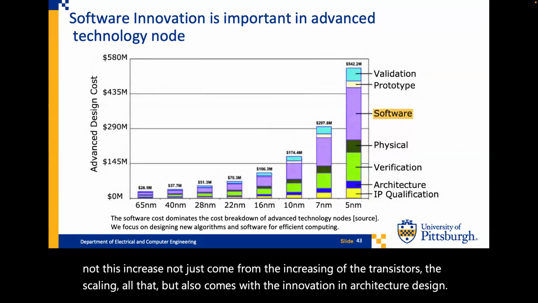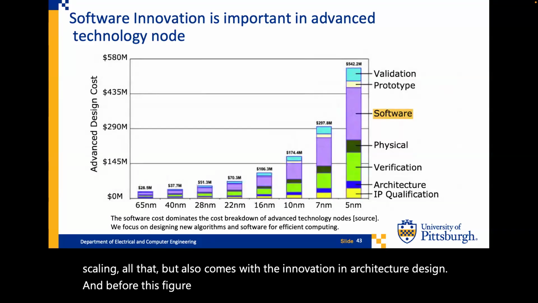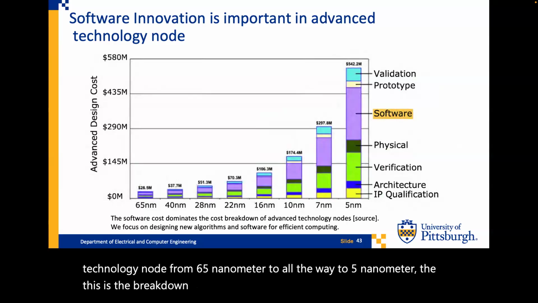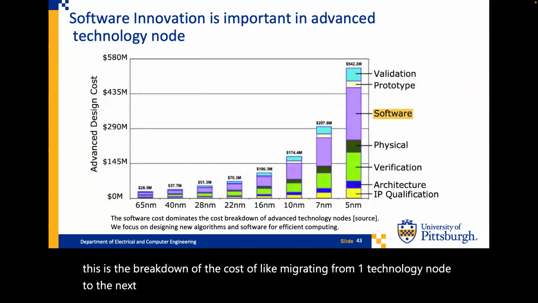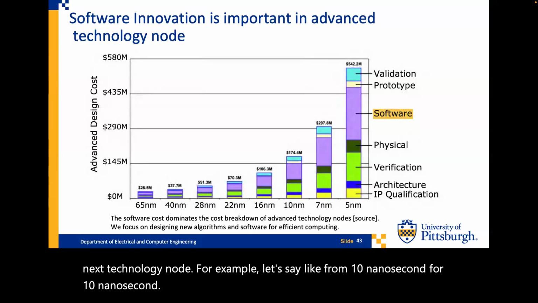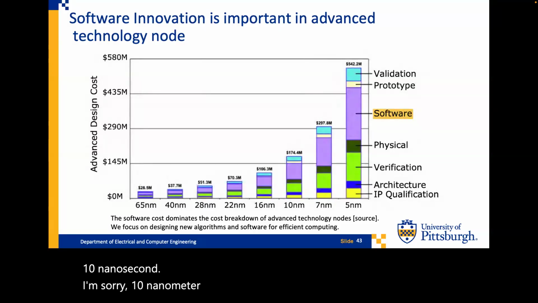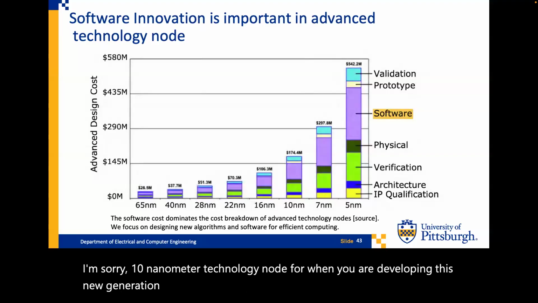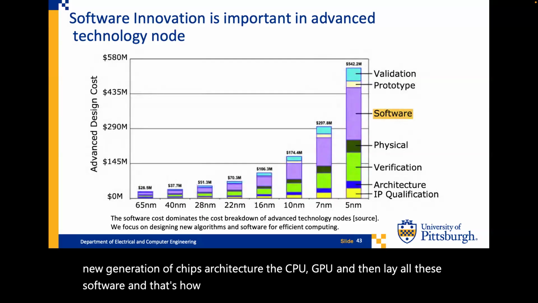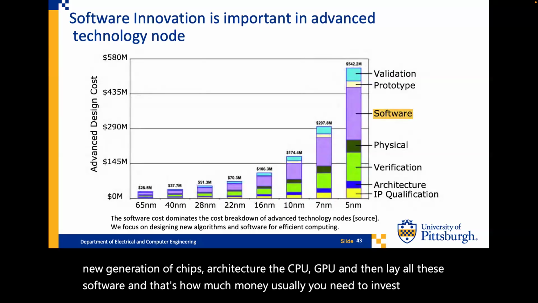This figure shows, for every generation of technology node from 65 nanometer all the way to 5 nanometer, the breakdown of the cost of migrating from one technology node to the next. For example, for the 10 nanometer technology node, when you are developing a new generation of chip architecture, the CPU, GPU, and all the software, that's how much money you usually need to invest to become a mature ecosystem.